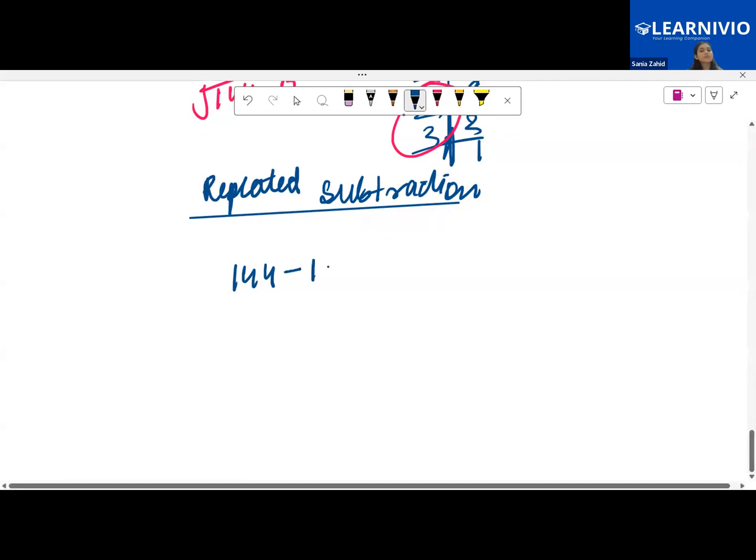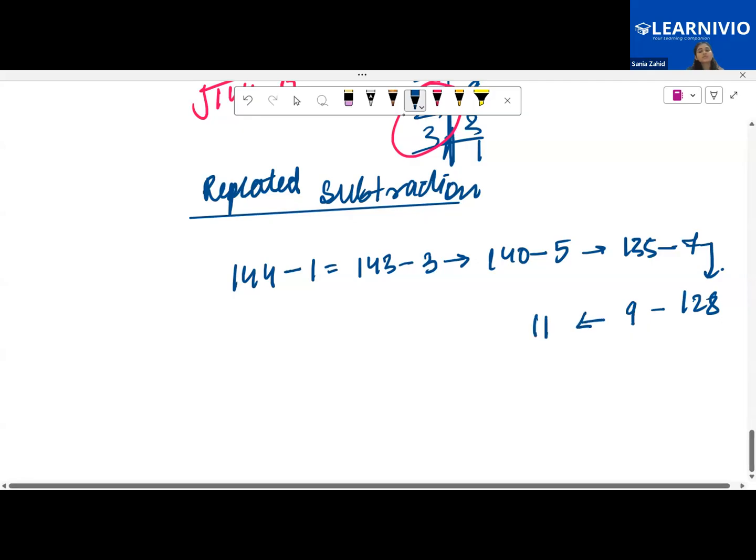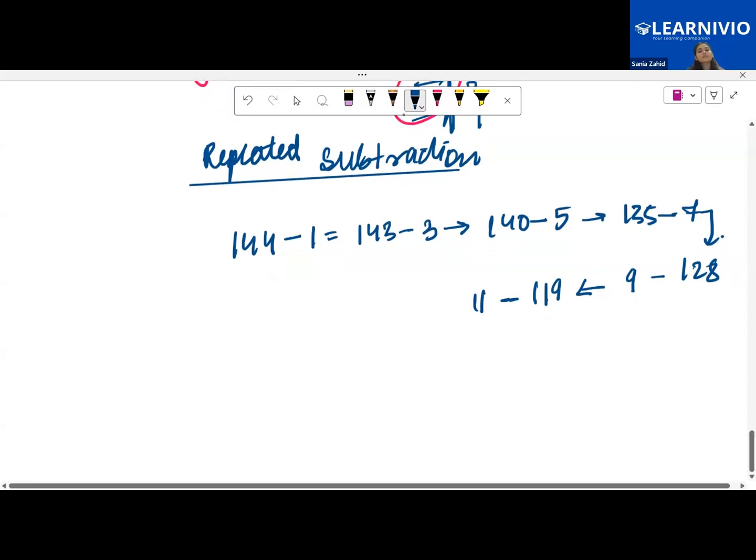Like first you subtract 1, you will have 143. Then you subtract 3, you will have 140. Then you subtract 5, you will have 135. Then you subtract 7, you will have 128. Then you subtract 9, you will have 119. Then you subtract 11, you will have 108.